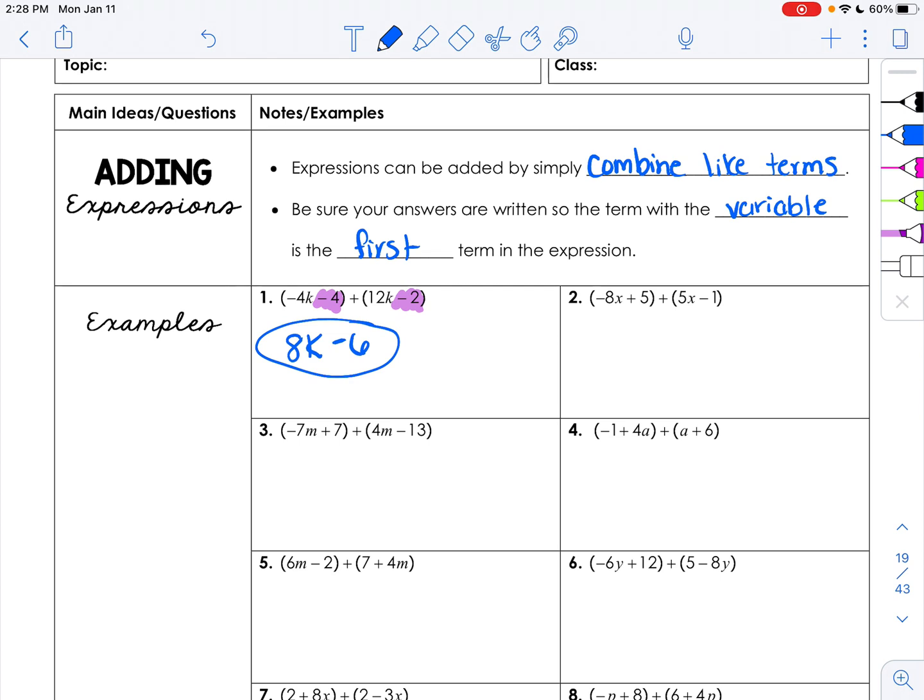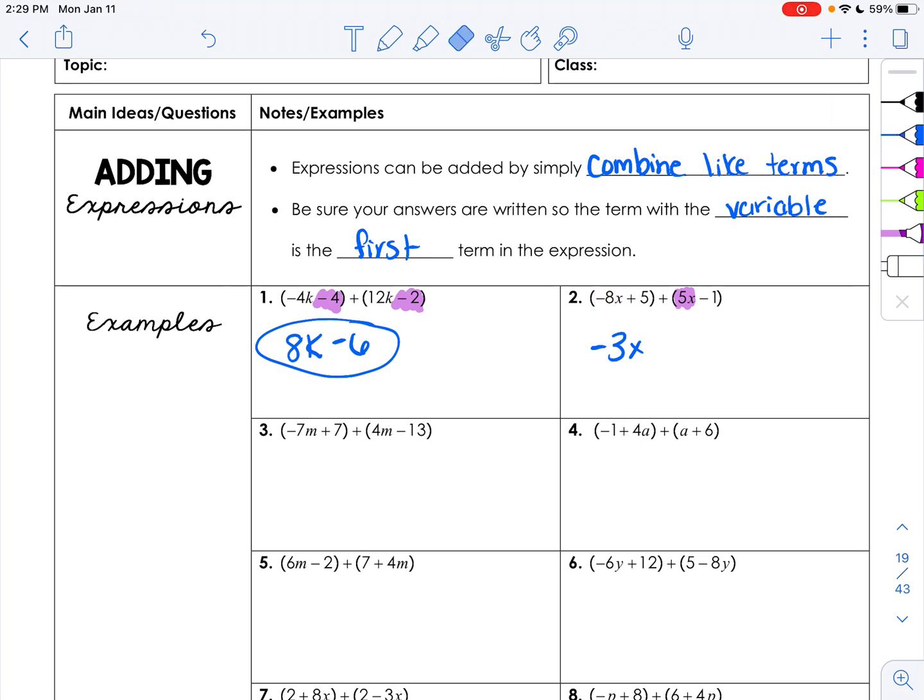Number 2. Again, I know I'm adding these expressions because of the plus sign, so I just need to combine my like terms, focusing on my variable terms first. So we're going to focus on negative 8x and 5x. Negative 8 plus 5 is negative 3, and that common variable is x.